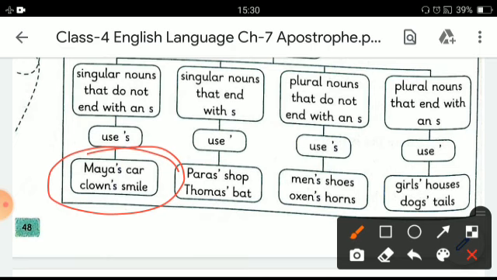Second is singular nouns that end with S use an apostrophe. Example: Paris' shop and Thomas' bat.